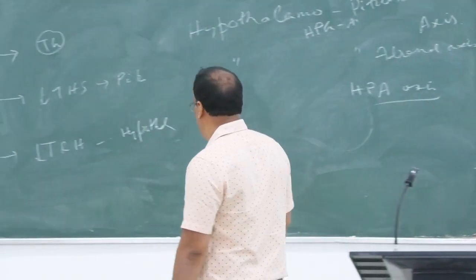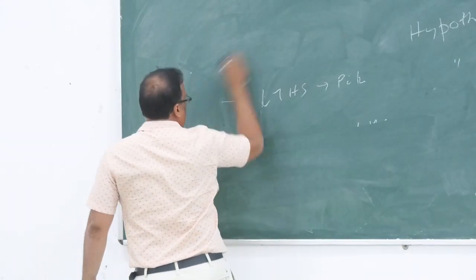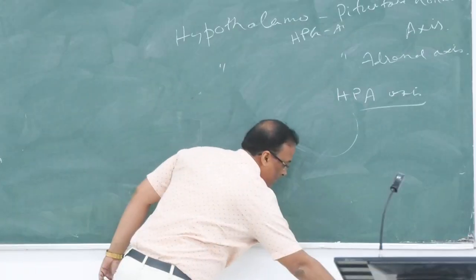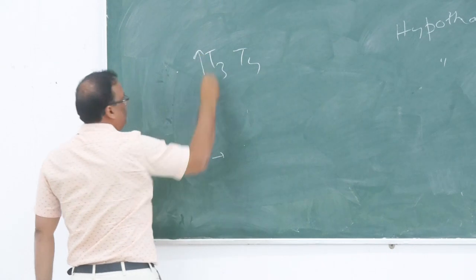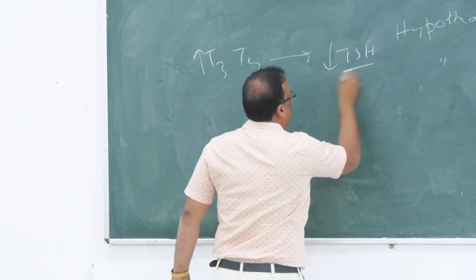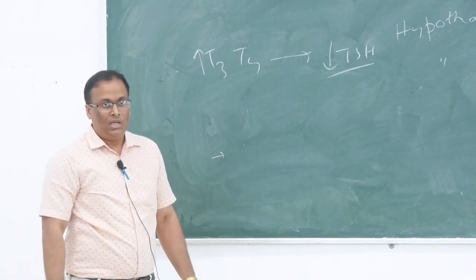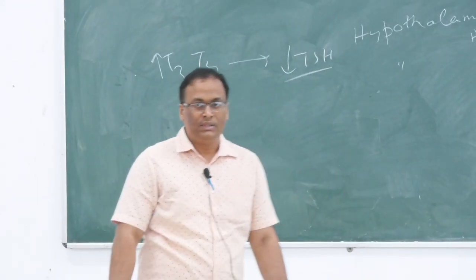I'm giving an example. Suppose a patient has T3, T4 level high and TSH level low. Is it negative feedback or positive feedback?